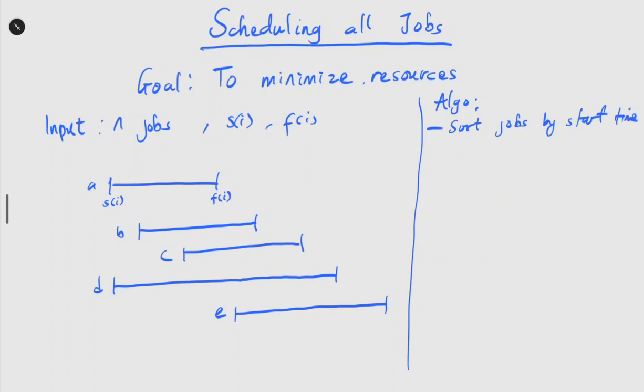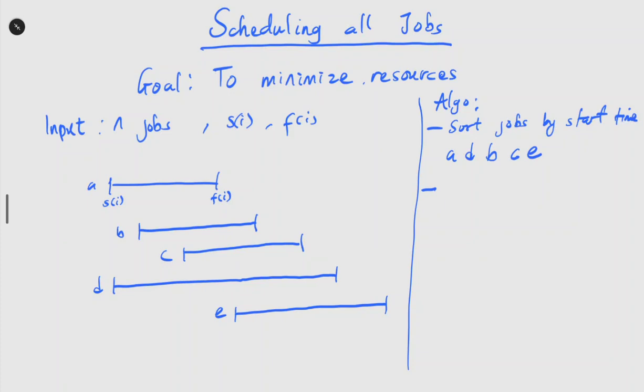If we sort all these jobs by their start times, we would have A, D, and then B, C, and E. And the next thing we do is we are going to allocate these jobs in this sorted order.